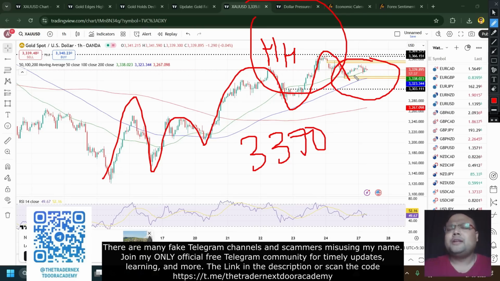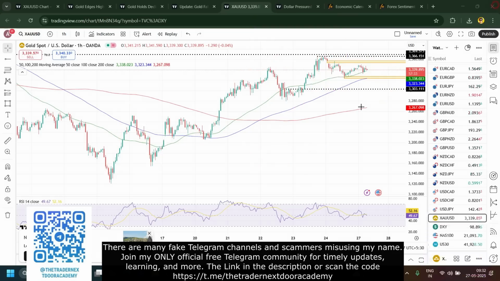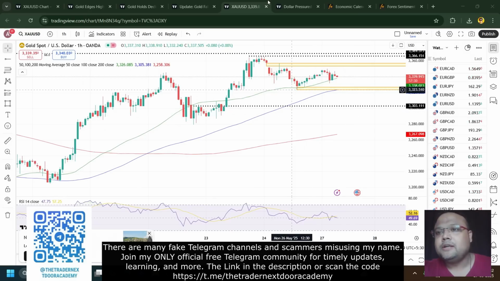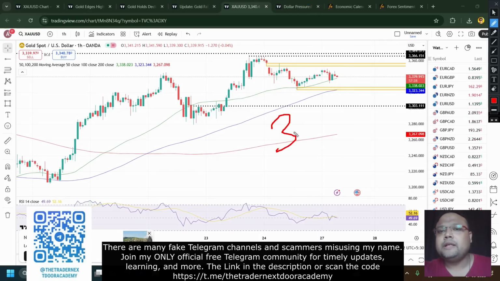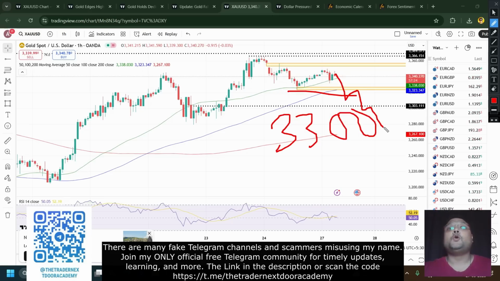So to continue the upside, it needs to break 3370. And if gold is not in a mode of going up, then it needs to break this particular low here. It needs to break 3320, or it needs to cross 3300. If it breaks 3300, then you can expect the structure of the market has changed again.